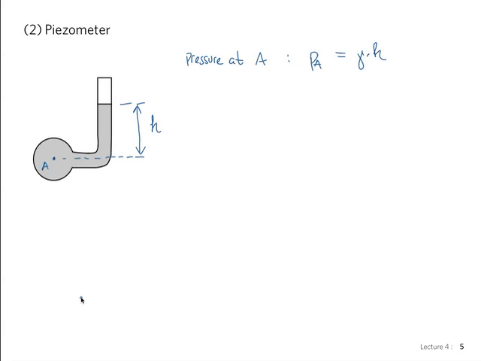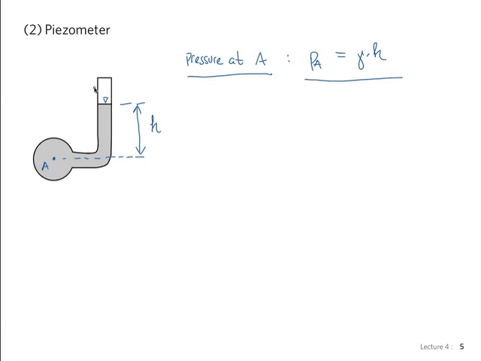Now, one thing to notice. Remember the difference that we made between absolute and gauge pressure? Remember that? We made a distinction? Okay, what pressure are we measuring here? This is open to the atmosphere, so atmospheric pressure is acting there, and the other pressure is acting against it, and we're measuring this difference in pressure just as gamma H, the column of liquid.